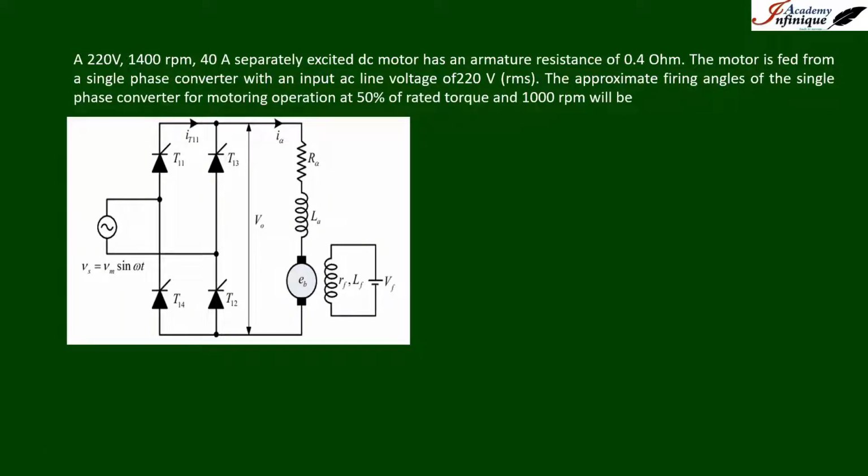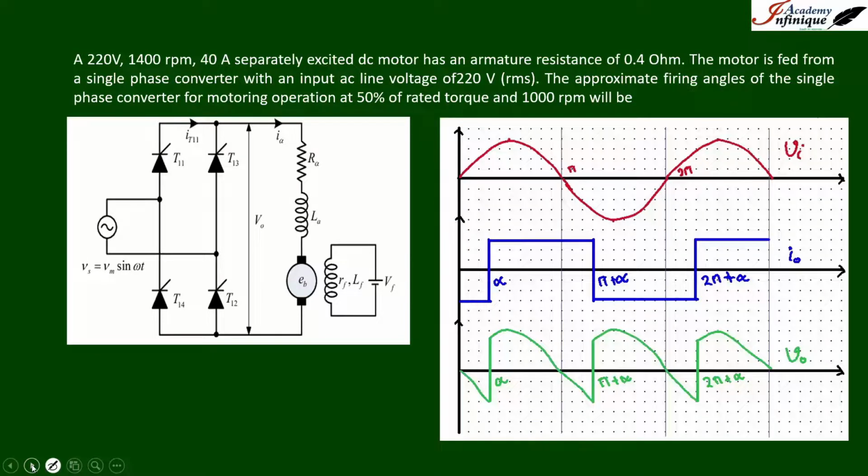Now it is required to focus on the converter side. Let's understand how the waveform will look. They are shown in this figure. The red one is showing the input voltage or supply voltage, and the blue one is showing the supply current, that is Is.